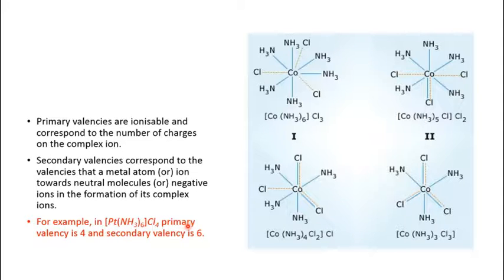So the primary valency is 4, because if you calculate the oxidation state of the central metal, that is platinum in this case, it comes out to be 4. So the primary valency is 4, and the secondary valency, which happens to be the coordination number, is 6, because there are 6 ammonia ligands coordinated directly to the central metal platinum.